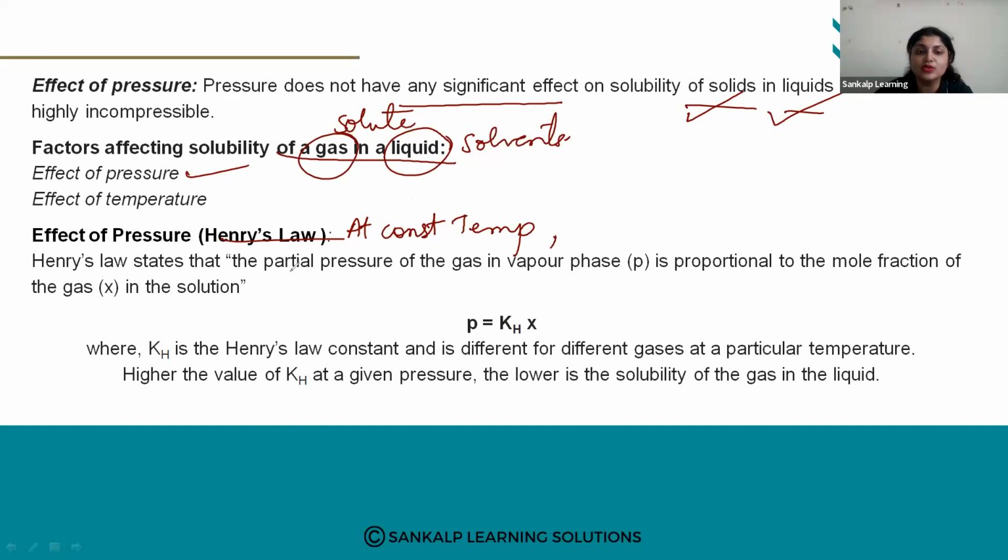Remember this phrase, at constant temperature. Or it can also be stated as: the partial pressure of a gas in the vapor phase is proportional to the mole fraction of the gas in the solution. Any one of the statements you can write for Henry's law.